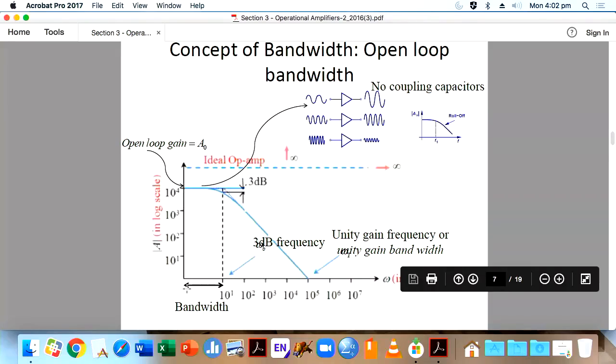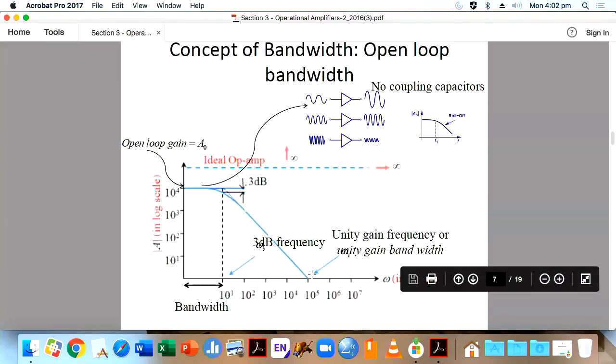But the unity gain bandwidth is 10 to the power of 5. The real bandwidth is only 10, but the unity gain bandwidth is the maximum range, the point where you get a gain equal to 1.